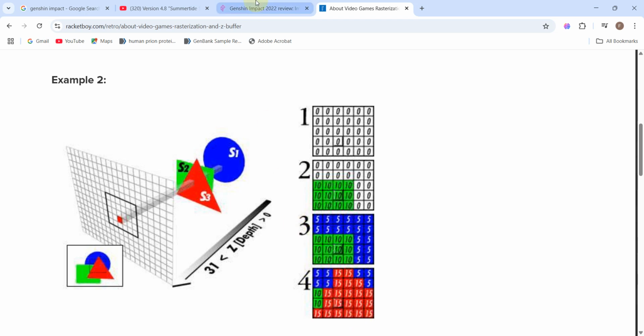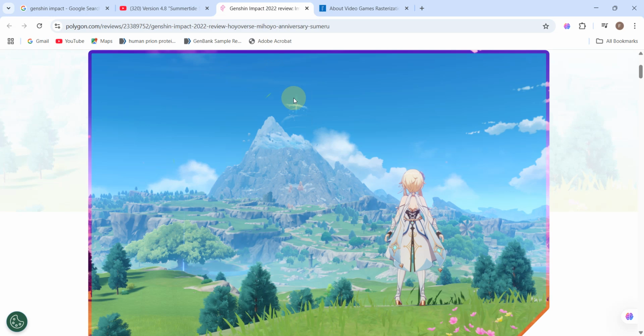So let us imagine and relate it with this game scene. Let us think that the blue circle I was talking about is the information of sky, where you have to show the sky. All these pixels must have the color blue to show that this is the sky in the scene. And then suppose the character moves in front and you can see this mountain and these lands all in the scene, and I have to show them simultaneously.